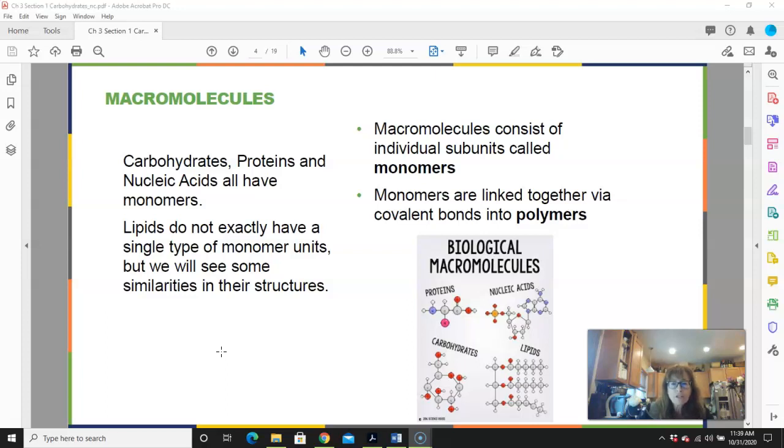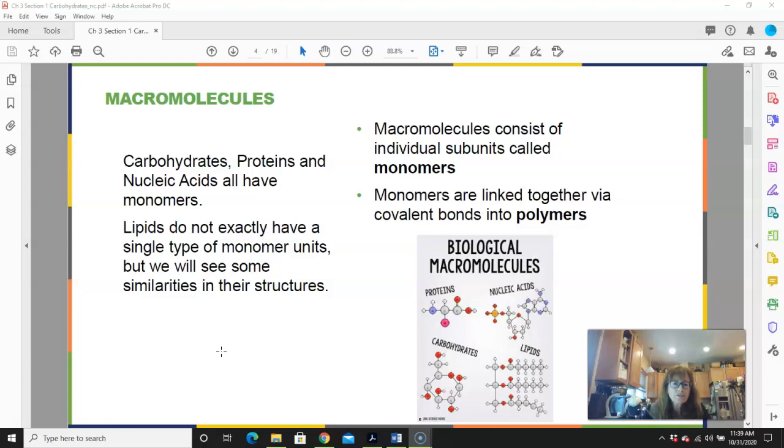So monomers are individual subunits of some type of a macromolecule. And definitely carbohydrates, proteins, and nucleic acids all have very specific monomer units that then build these bigger units, these polymers. So the mer part means unit, mono means single, so a single unit, building poly, which means many units.